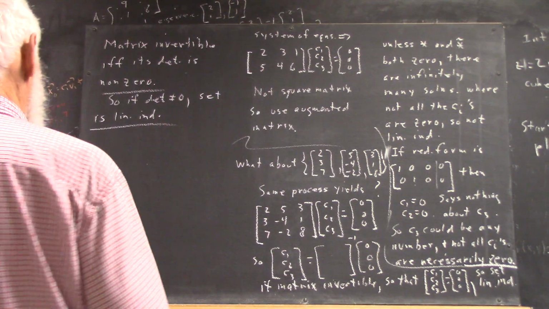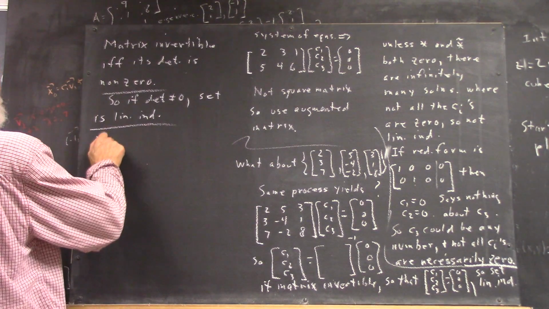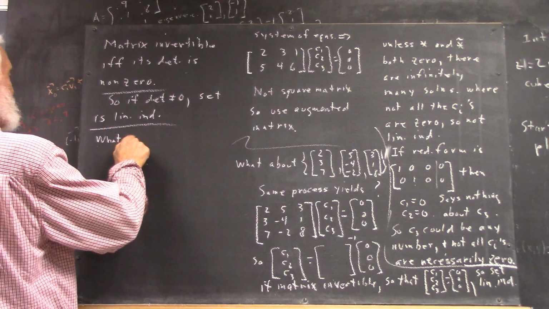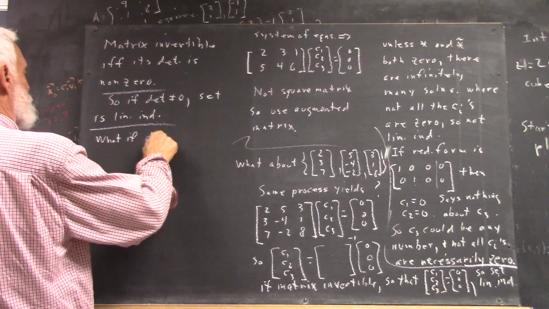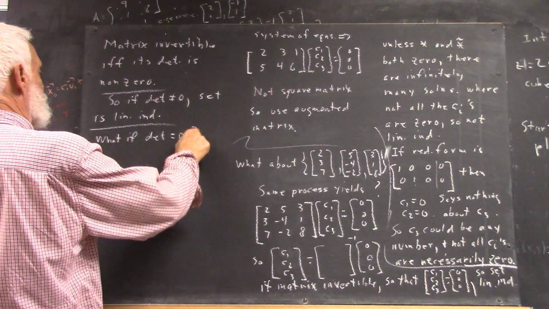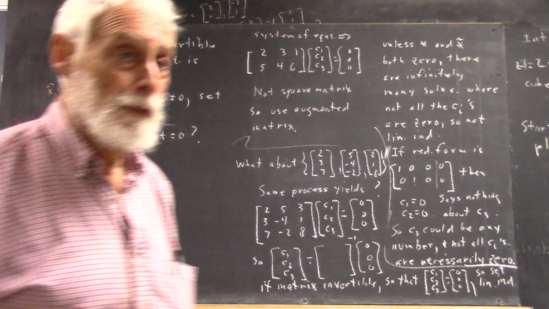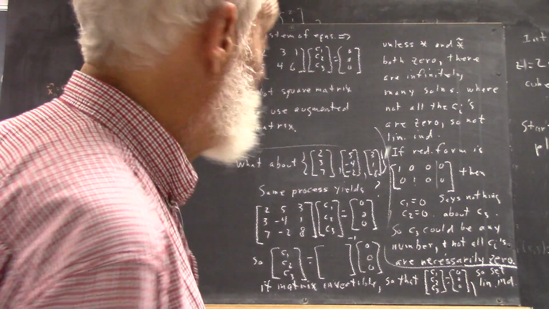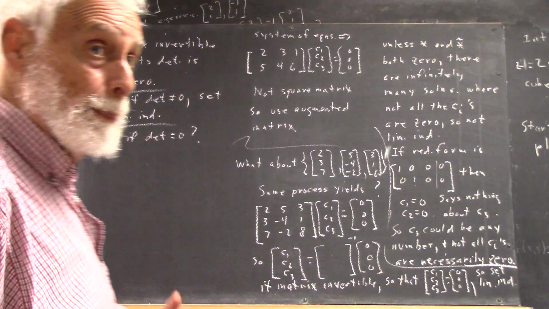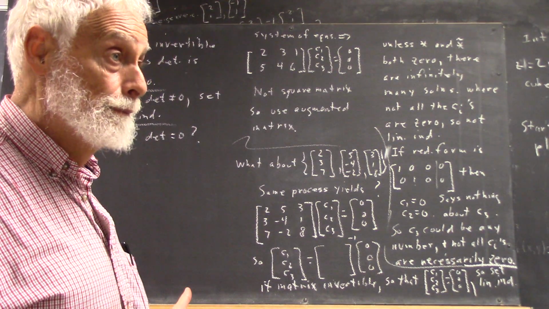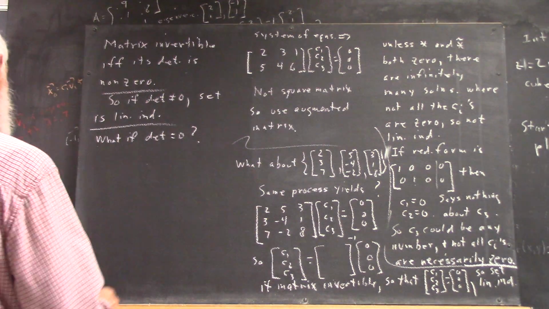Okay, so let's consider what if the determinant equals 0. Well, that would mean that the matrix would reduce down to a matrix with a row of zeros, okay?